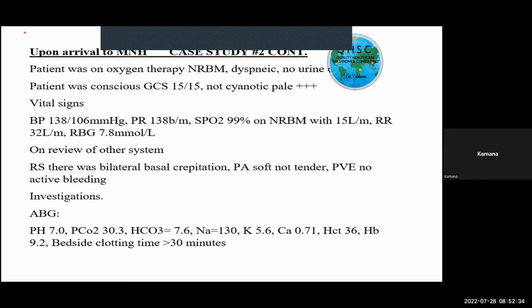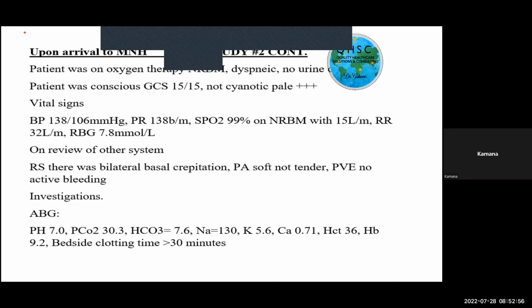Then investigations were also taken, which are full blood picture, creatinine, BUN, PT, PTT, ALT, AST, also HIV and serum electrolytes, that is sodium, potassium, magnesium, and calcium.